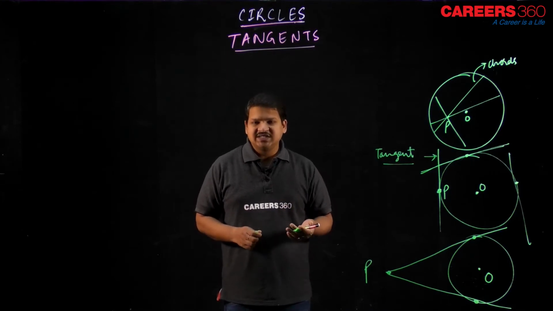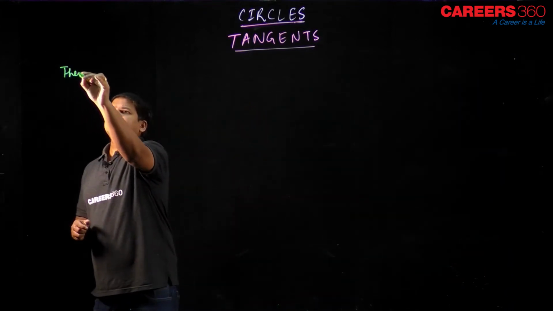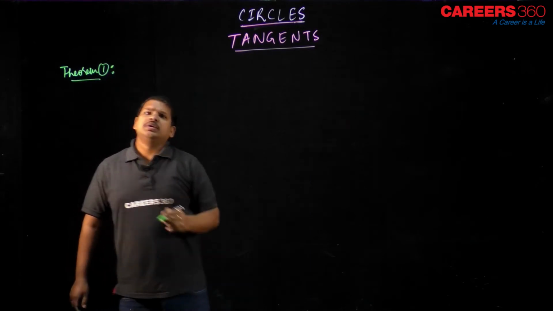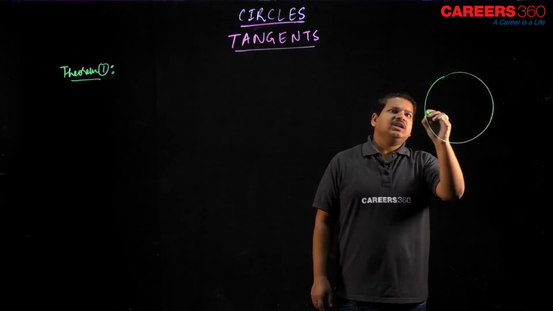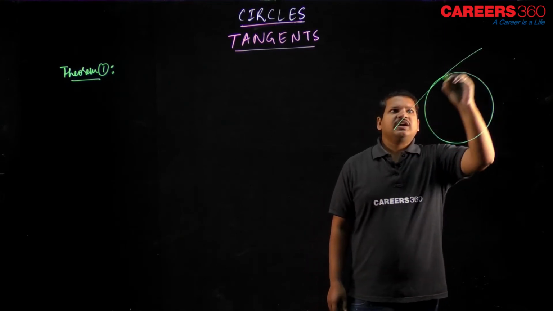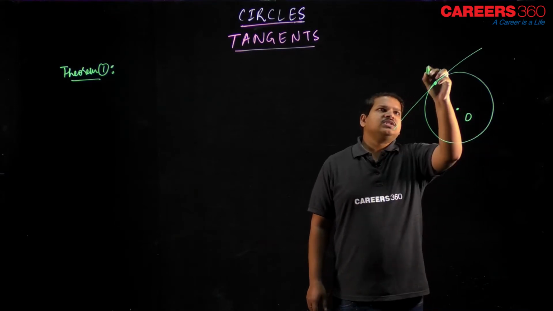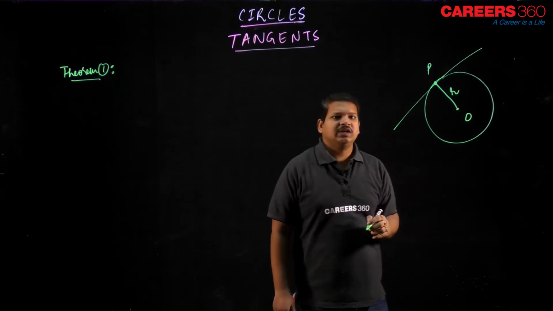Now this was just the overview of tangent. Now let's understand a few important theorems related to tangents. So theorem number 1 related to tangent is, for example, this is a circle and this right here is a tangent, and this is my O, this is my P, and this is my radius.